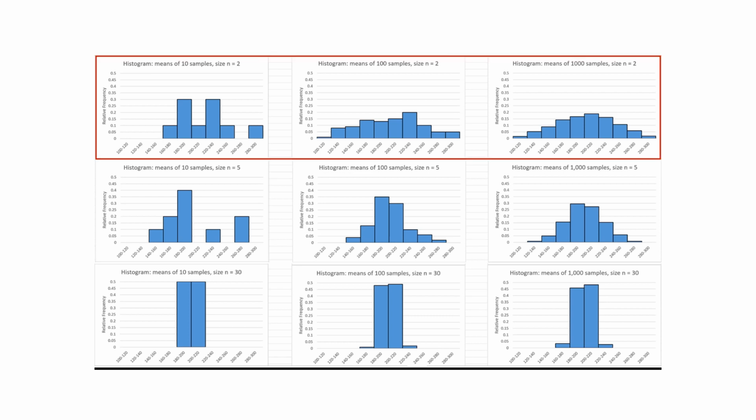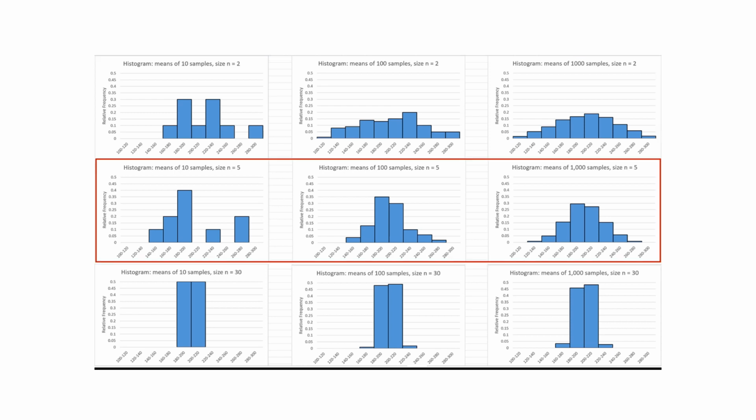The first row of histograms is from samples of size 2, with more and more samples being drawn, at first 10, then 100, and next 1000. The middle row of histograms is from samples of size 5, with from left to right the same increase in the number of samples, 10, 100, and 1000.